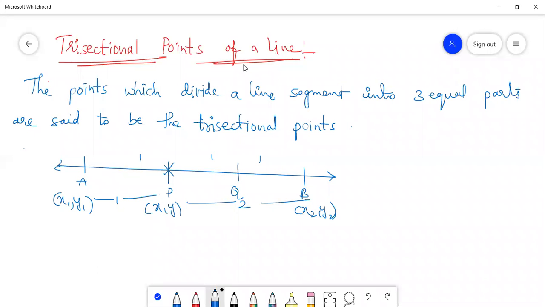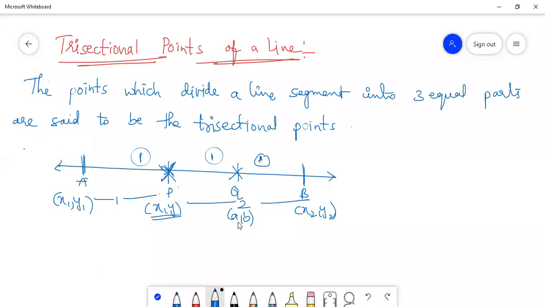Trisection points of a line are the points P and Q that divide the line segment AB into 3 equal parts. AP is one part, PQ is one part, QB is one part. These 3 equal parts give the trisection points. Here, suppose P is a point x comma y and Q is a point a comma b.